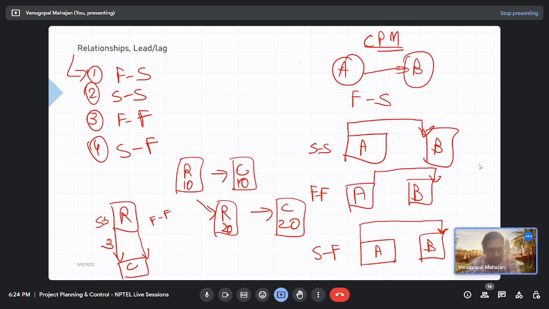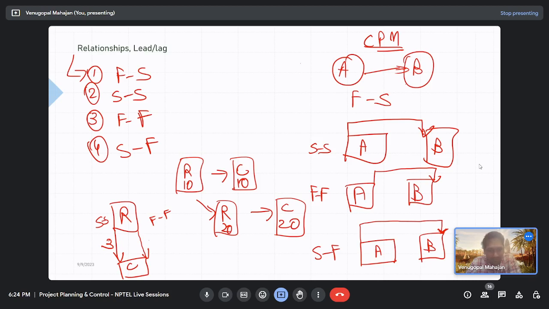So can you think of it in construction, something like this happening? Excavation and PCC. PCC can only finish if excavation would start. No, but clearly they have got a start to start or finish to finish relationship, right? Okay.